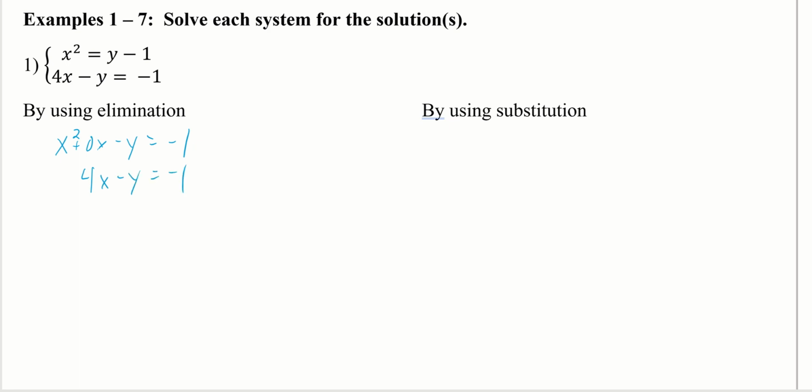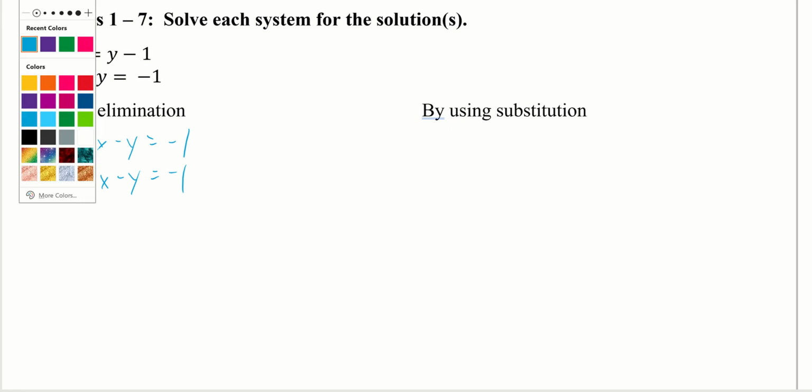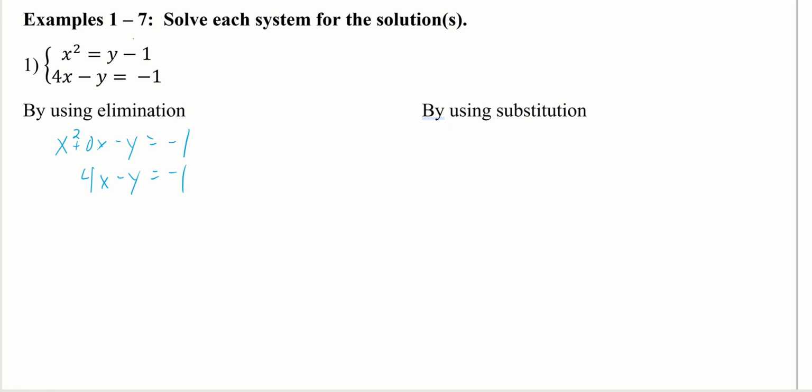So that x squared is by itself, so we know we're definitely not going to eliminate the x squared because there's no one to eliminate it with. My recommendation is, yes, you can subtract here, but I always recommend having the same number with opposite signs. So I'm going to multiply this entire thing by -1.